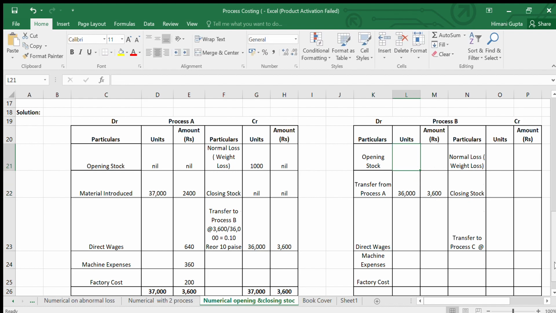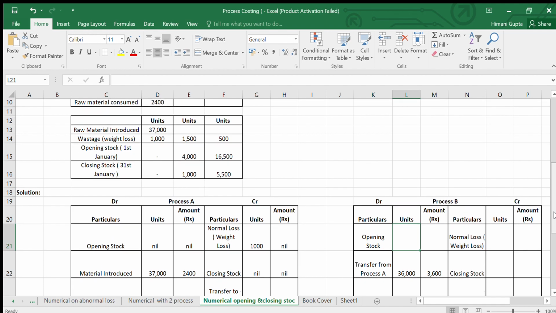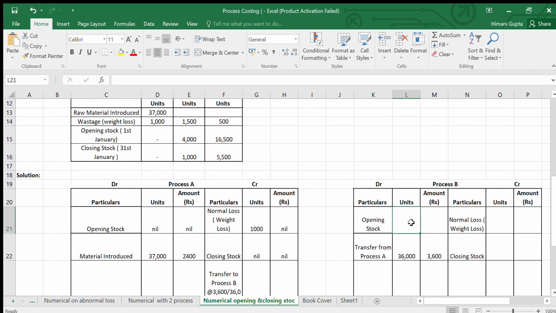Now in this question, opening stock is given in process B. Opening stock is given, 4,000 units. Now what should be the value? The main thing is, whenever opening and closing stock will be given in the question, value will not be given. You have to calculate the value.